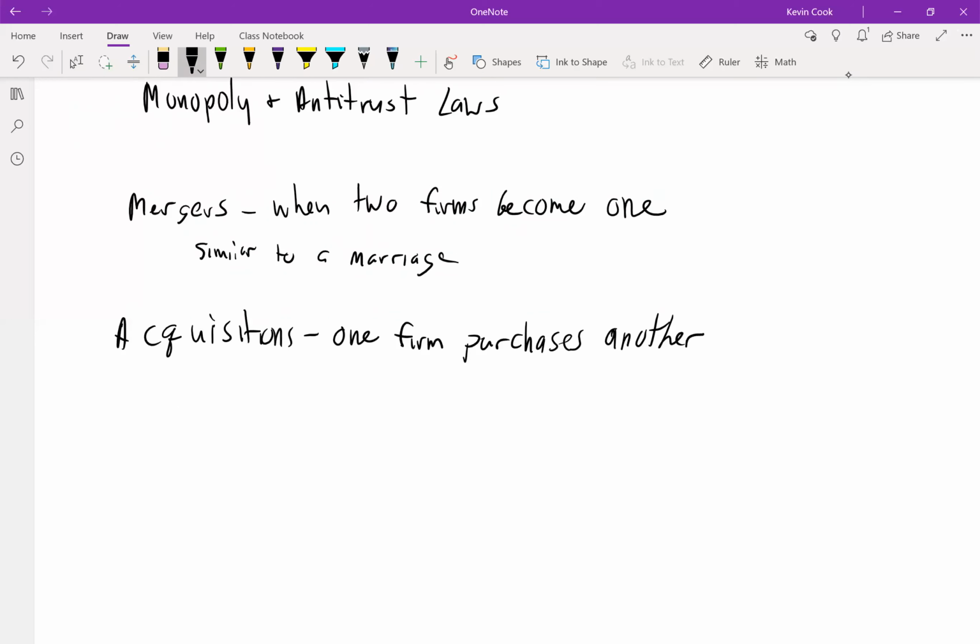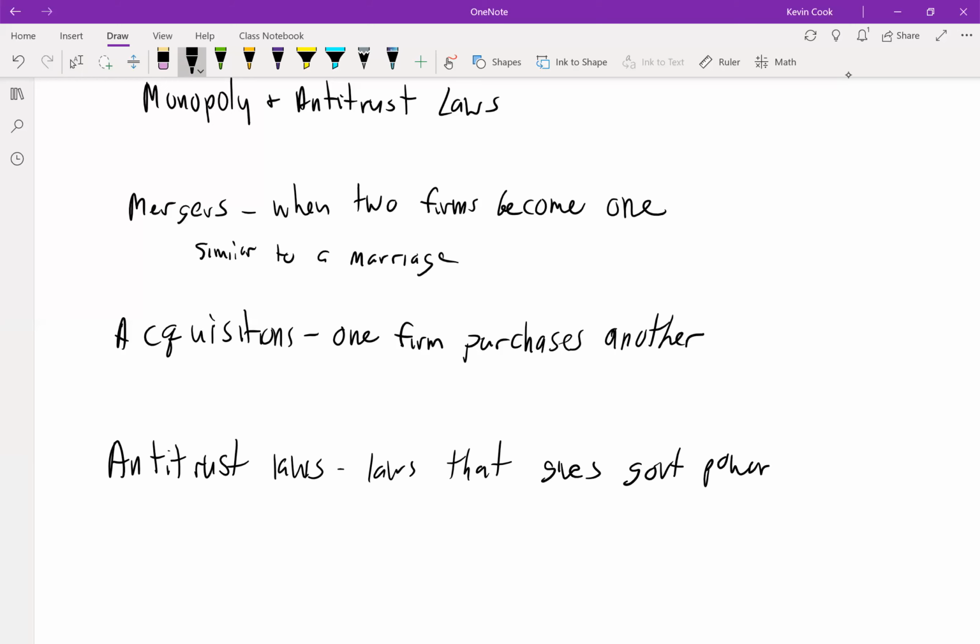So we have these two things, and to help keep things in check, we have what are called antitrust laws. And these are laws that give the government power to perhaps block these mergers or acquisitions.